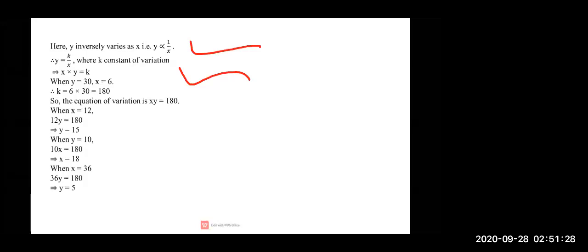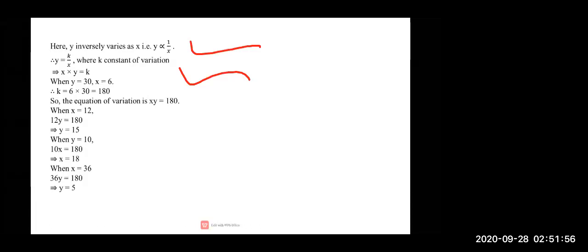Now in the first column it is given that the number of workers was 30 and the number of days was 6. So here x multiplied by y equals k, when y is 30 and x is 6.